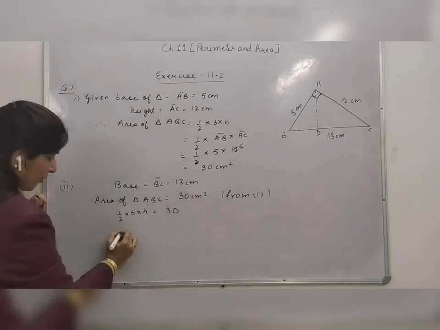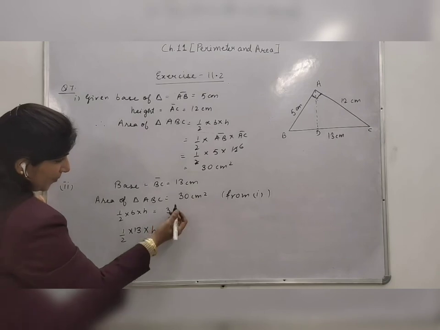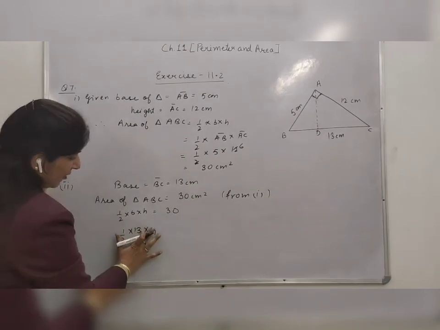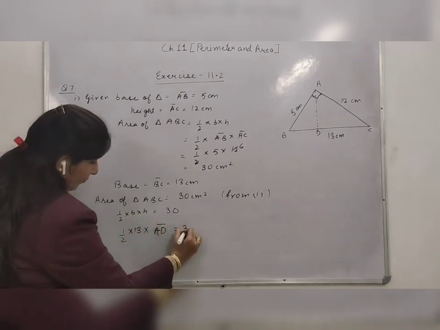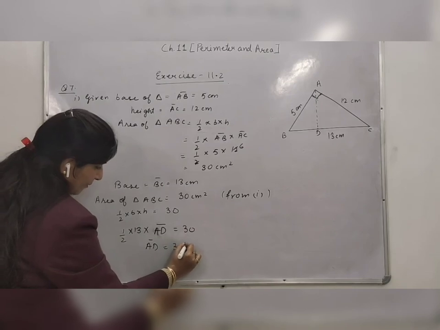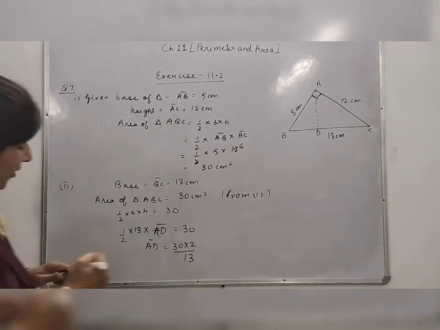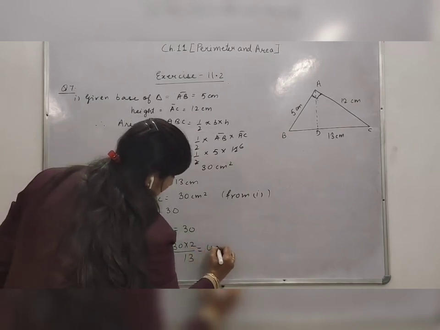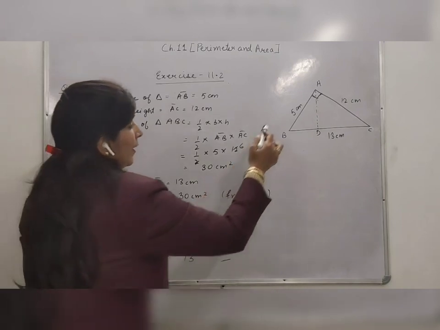Base we already have, and we don't know the height, so we can put AD, because AD we need to find out. So AD equals 30 multiplied by 2 divided by 13. After solving, we'll get the result as 4.6 centimeter, which is the measurement of AD.